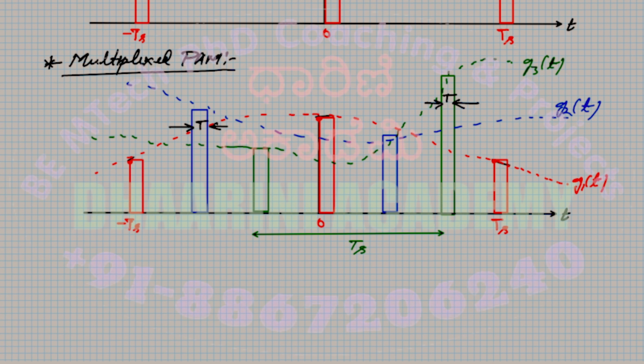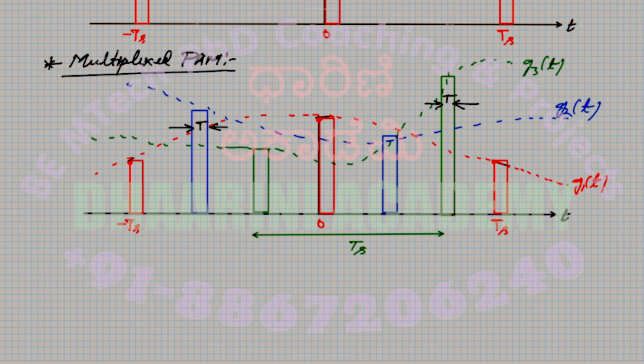The difference comes into the picture whenever I try to mark between any other two. Okay, let me show you.